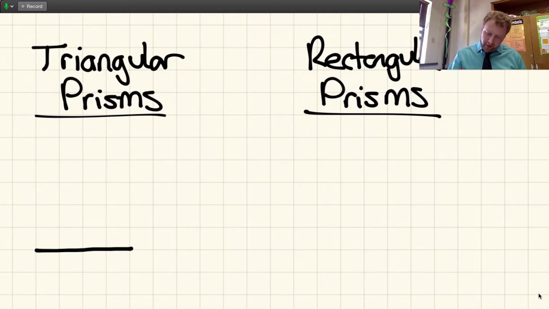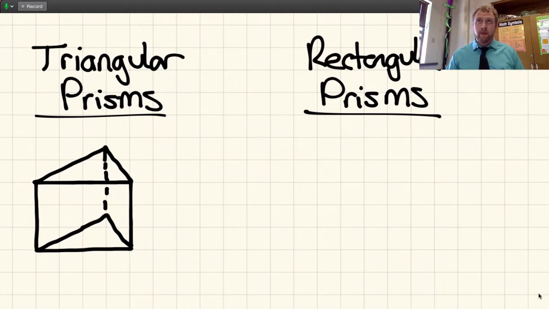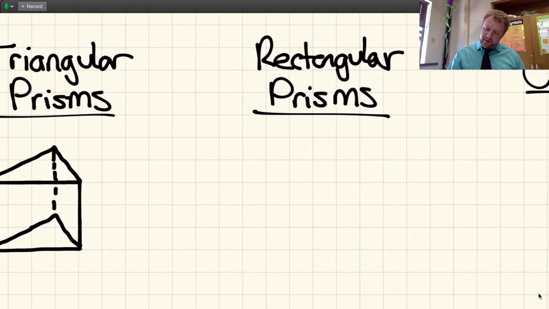Ah, having a hard time here. There we go. Okay. I'm drawing a triangular prism, like so. I'm going to draw a rectangular prism as well.